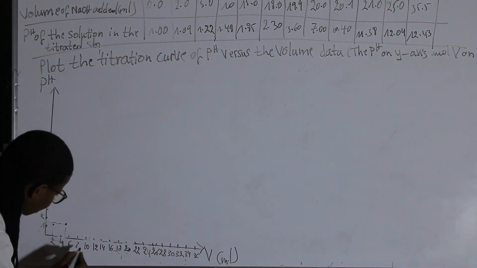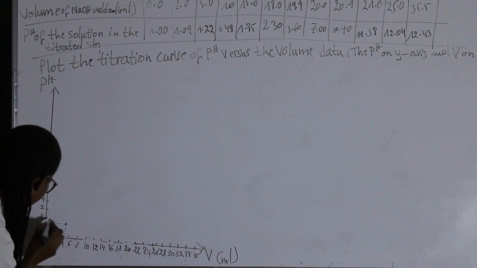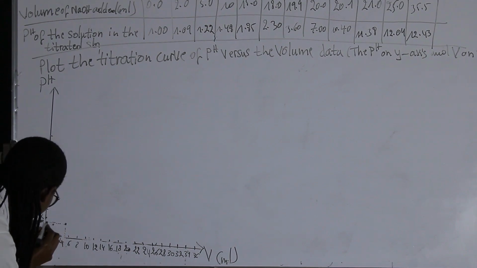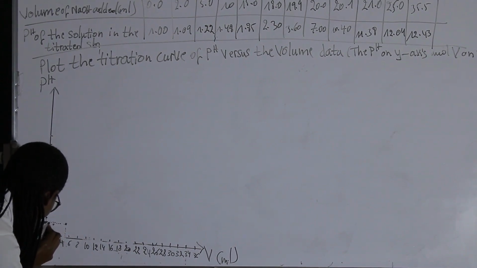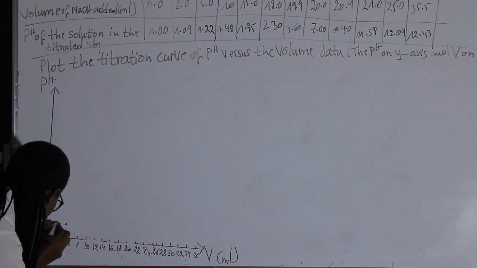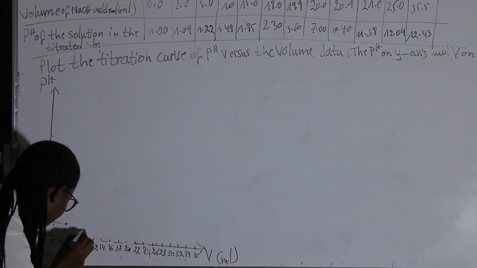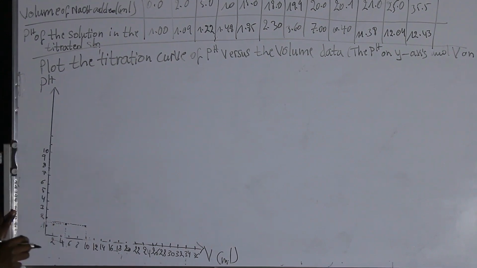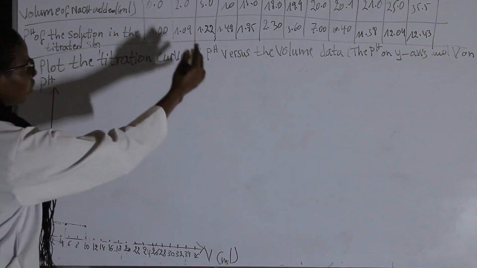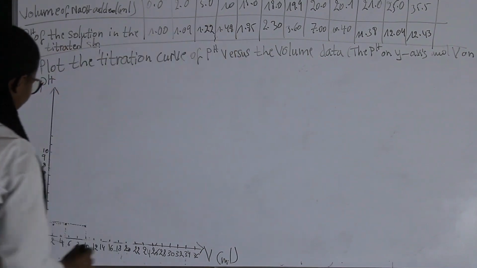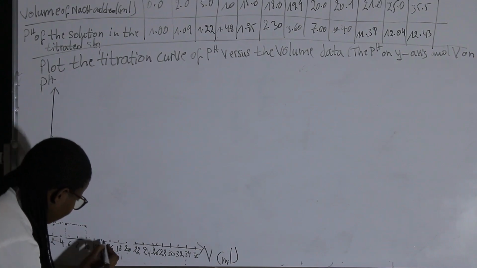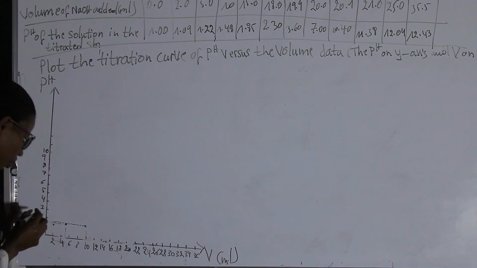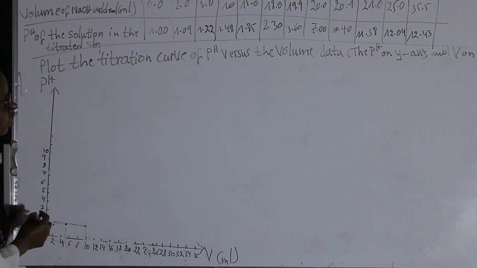Adding 15 milliliters, we get a pH of 1.85, somewhere here.